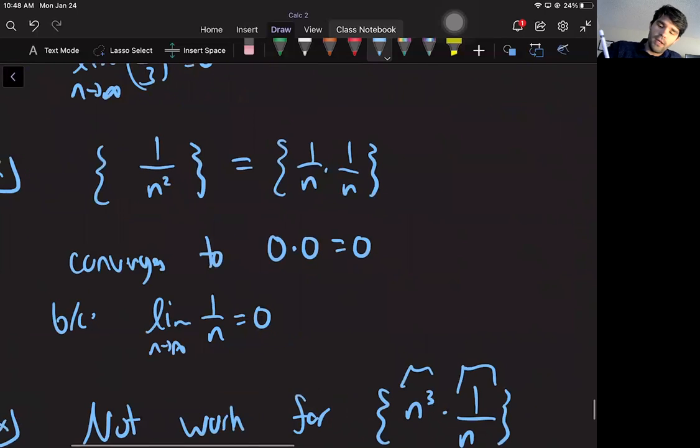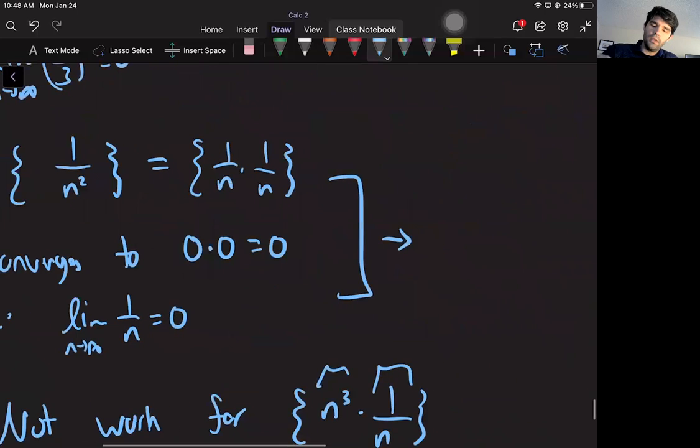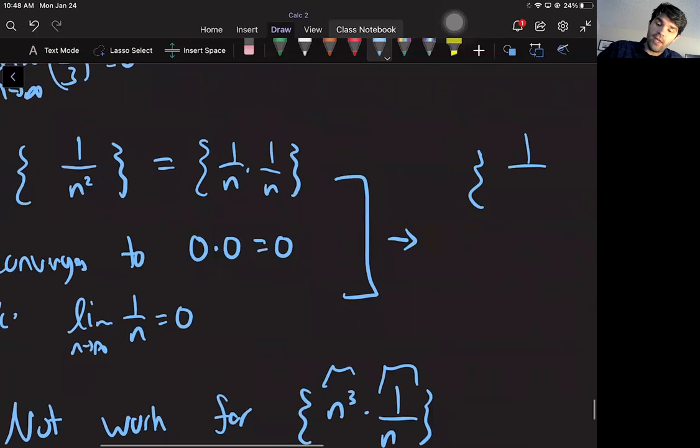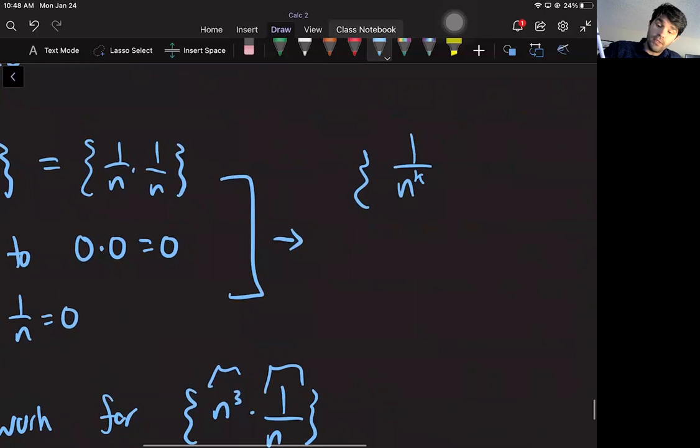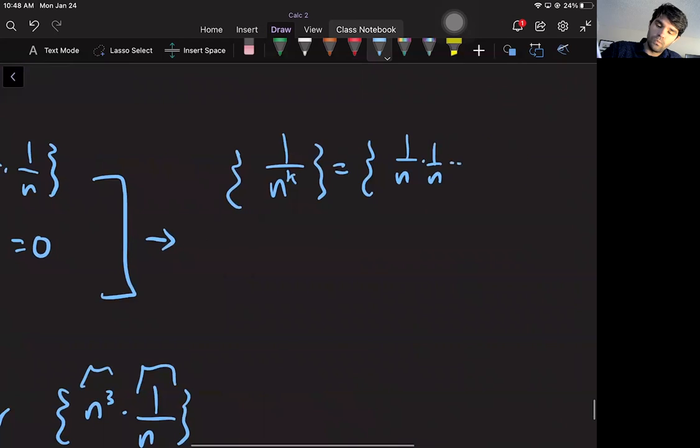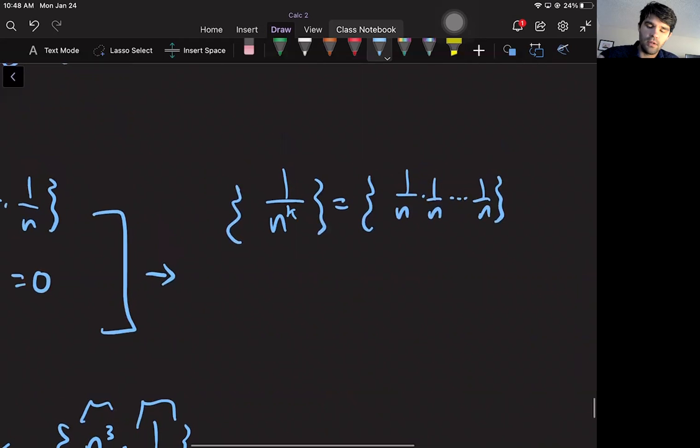So, going along with this one, you could do the same thing for any power of n on the bottom, because you could write it as a bunch of 1 over n's multiplied together, k times in this case. So this will also converge to 0.